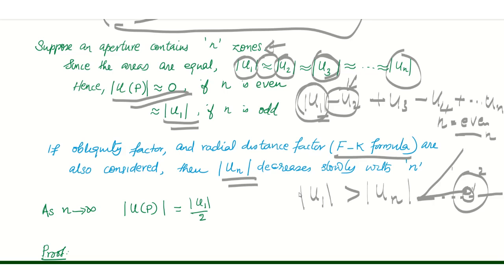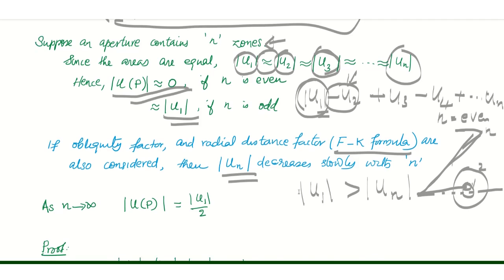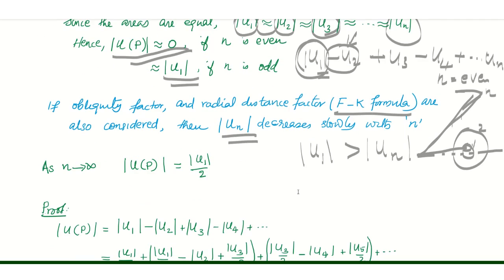But when it comes to the nth zone, it's going to be very steep, and therefore as you increase the value of n, you may have to take into account the obliquity factor. Then Un decreases slowly with n. Therefore UP becomes approximately U1.